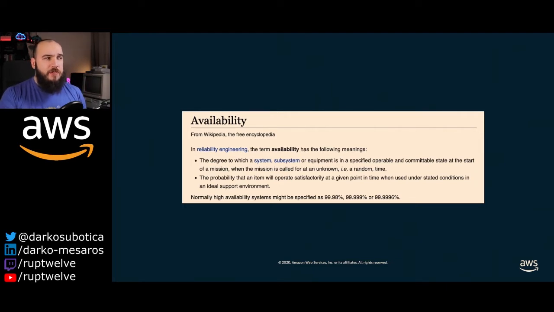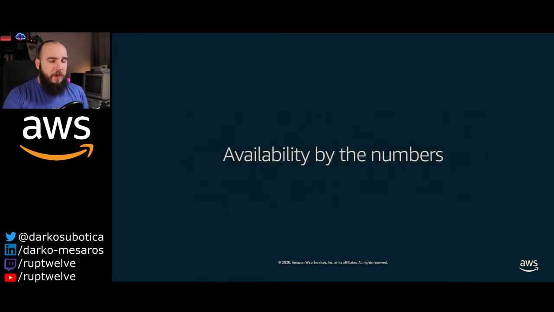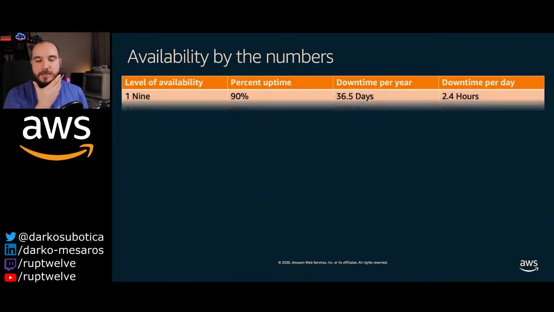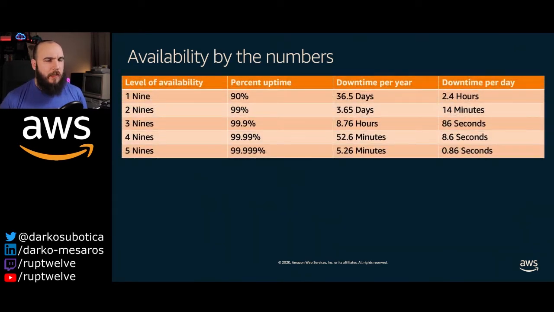And let's actually look at those numbers, because it's very important to understand, to at least get the perspective on what is this availability by the numbers. So looking at those nines of availability, this is a really nice tabular representation of how many nines require how many minutes of downtime per year, or actually maximum downtime per year.